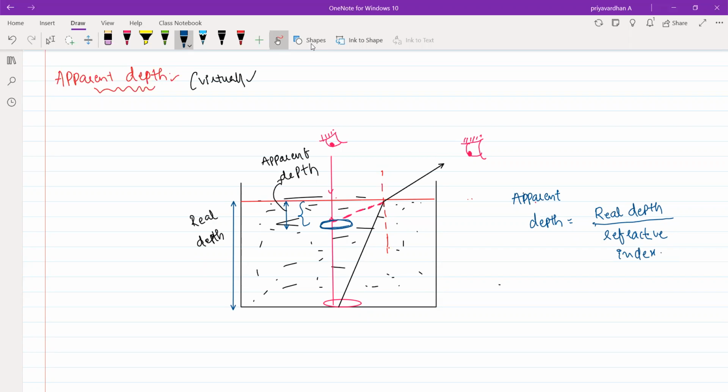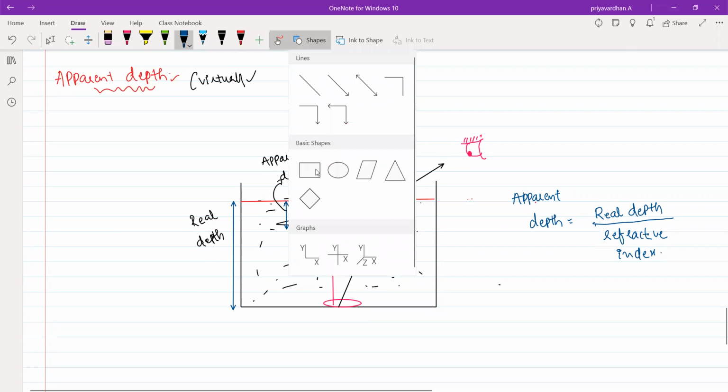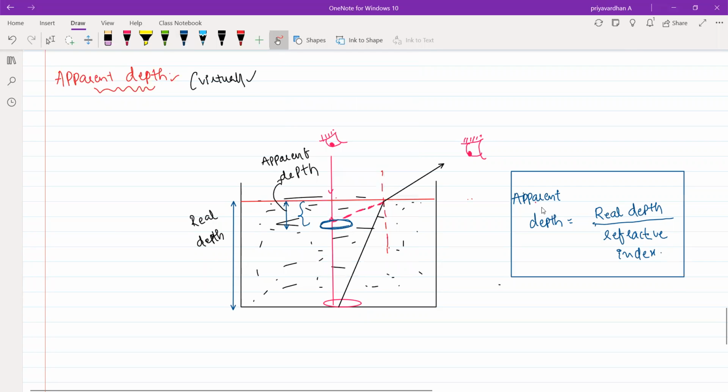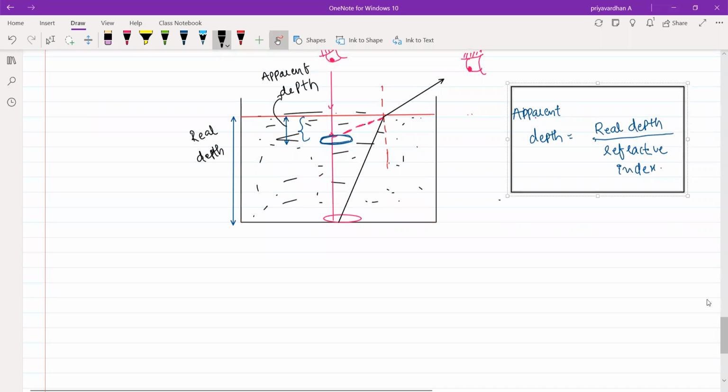Even you can write it as ratio of real depth to the refractive index, like a statement. If it is asked for a 2-mark question like that, along with the numerical. Fine. So hope that is clear. For board, you can go till there only regarding real depth as well as apparent depth without any doubt.